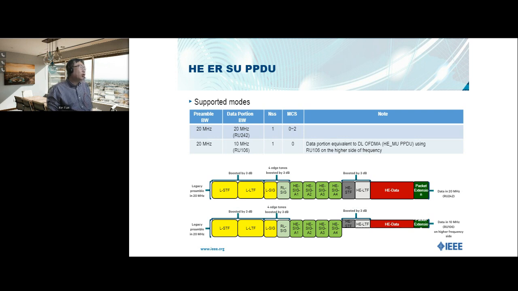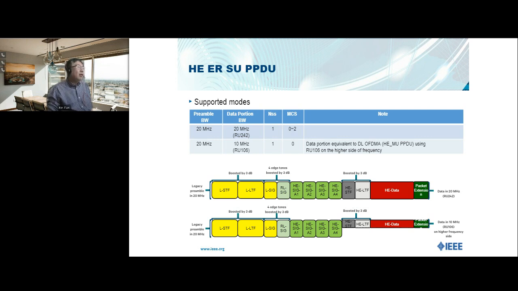We also do the repeat of L-SIG, repeated L-SIG, and we get 3 dB boosting there. We also do a 3 repetition of HE-SIG-A. Repeat is that 4 symbols, versus 2 symbols in a regular packet, so we get 3 dB there. Okay, so all this preamble has 3 dB there.